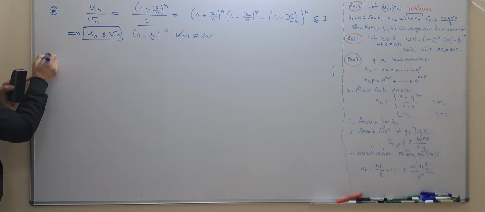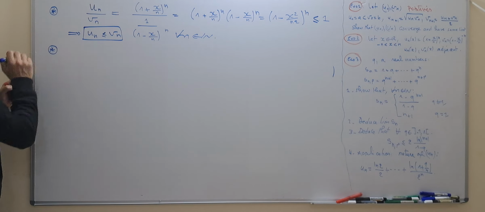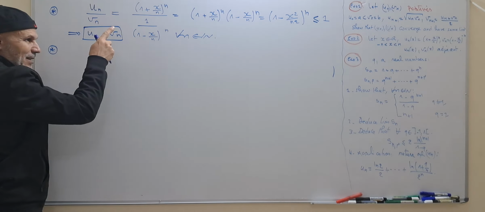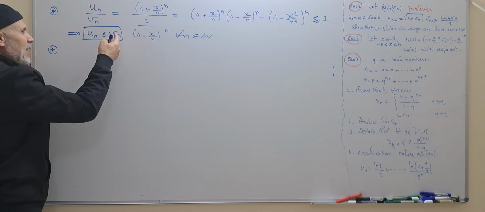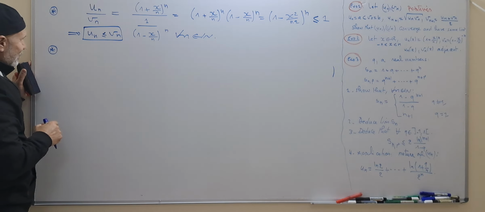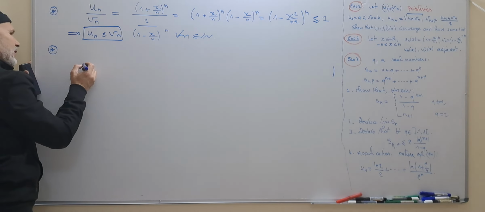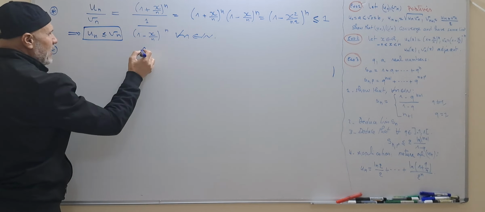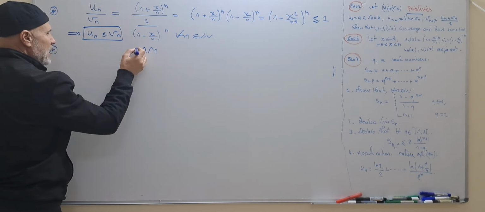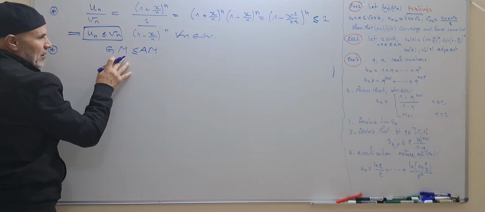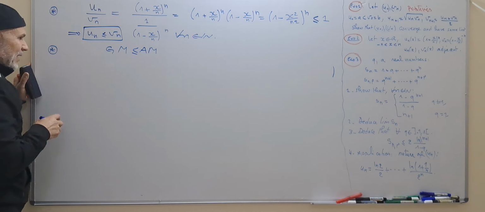Second remark. We will prove that Un is non-decreasing and Vn is non-increasing. Once again, we will use the magic formula which says that the geometric mean is less than or equal to the arithmetic mean.